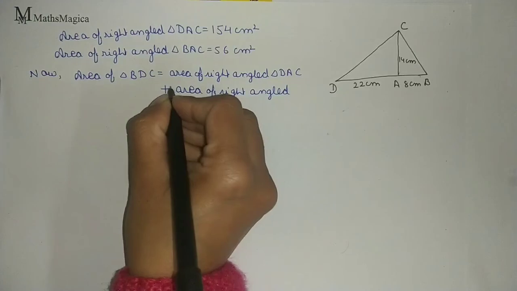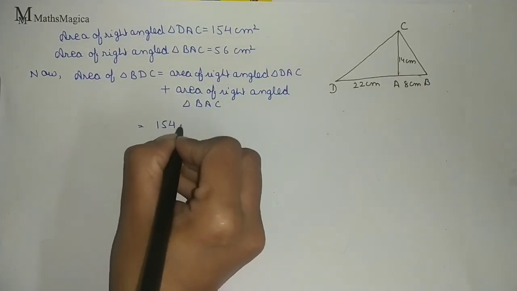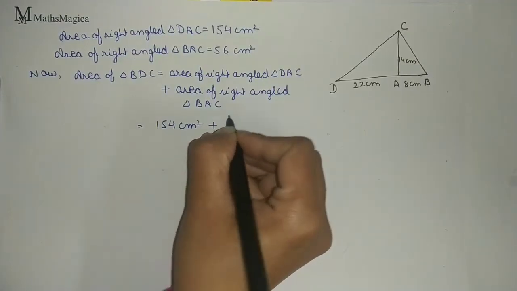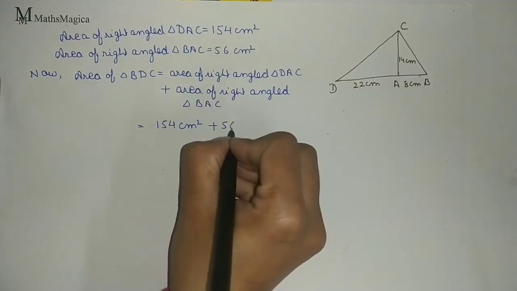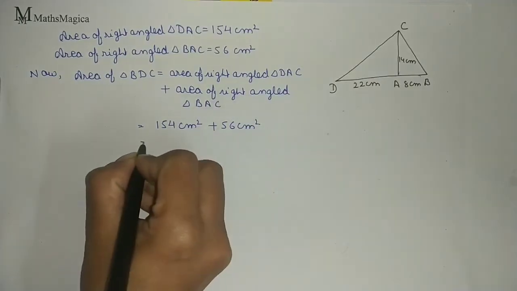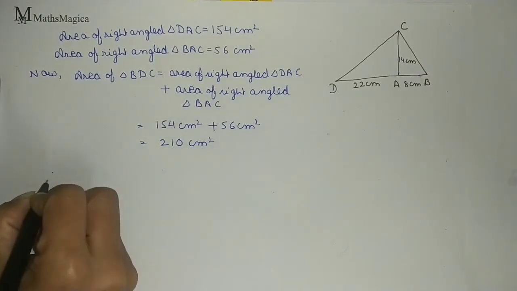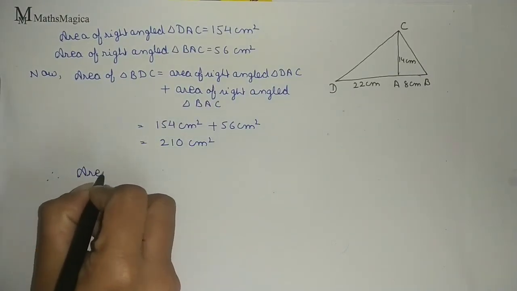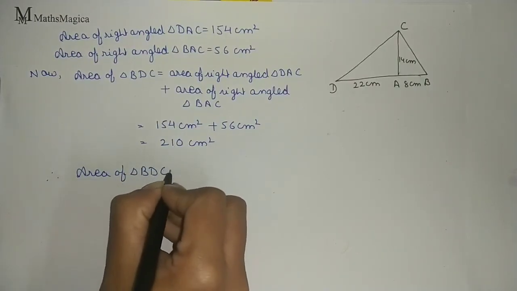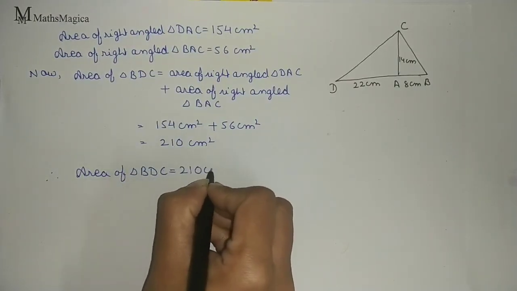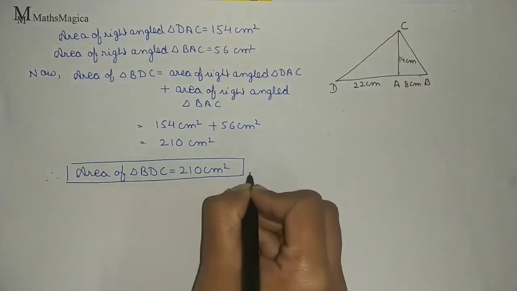Put the values. Area of right angle triangle DAC is 154 centimeter square plus area of right angle triangle BAC is 56 centimeter square. Add, your answer is 210 centimeter square. Therefore, area of triangle BDC is equal to 210 centimeter square. This is your required answer.